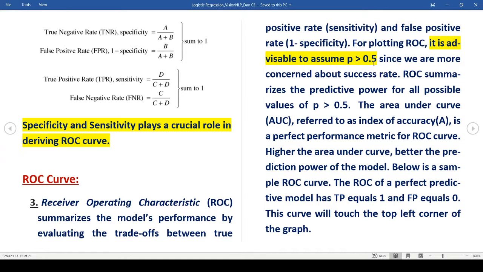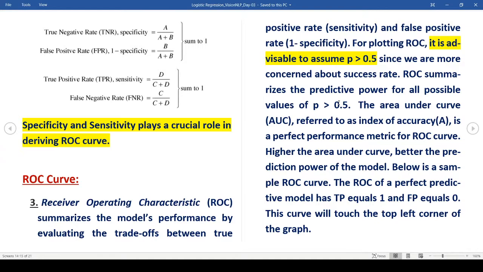For the time being, just keep the p in mind, because here we are more focused on what ROC and AUC are. So ROC summarizes the predictive power for all possible values when p is greater than 0.5. I will explain in the graph what p greater than means.